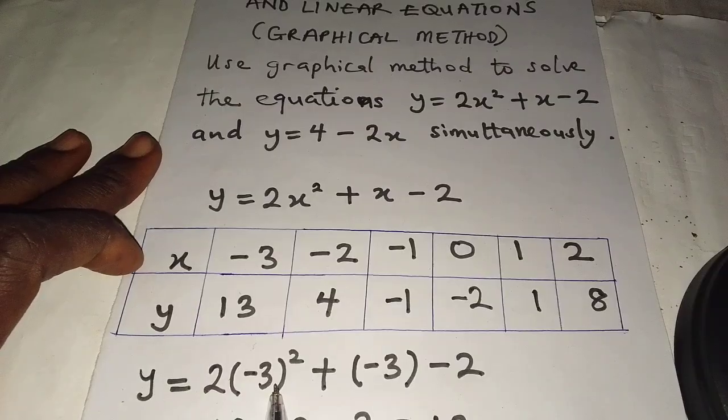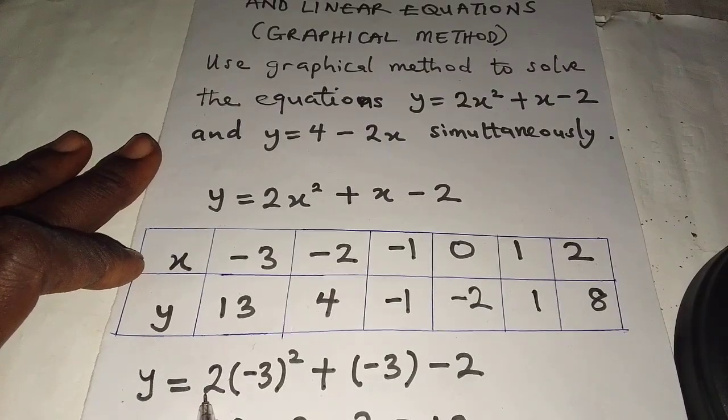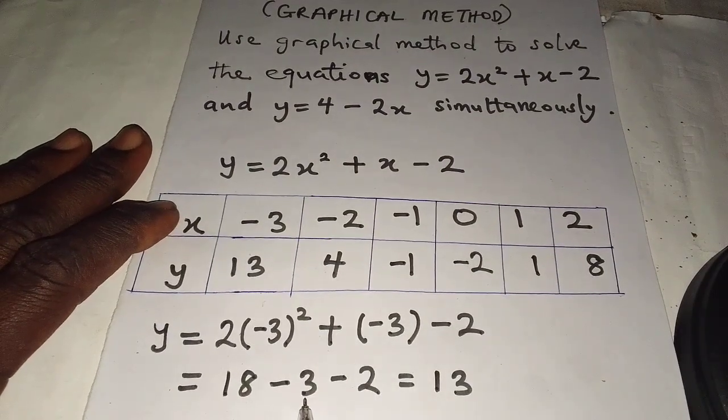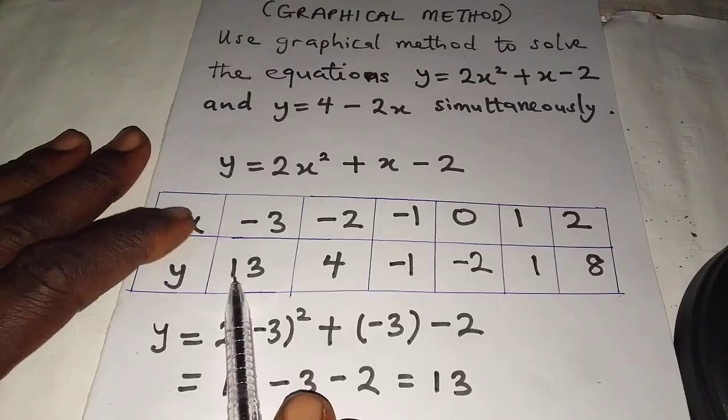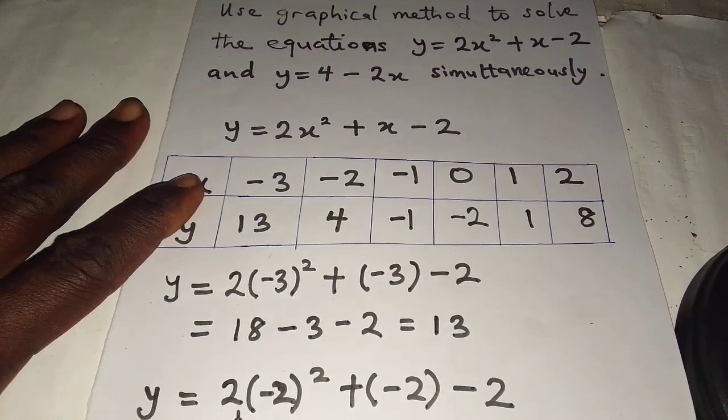Minus 3 squared is 9, since minus 3 times minus 3 gives 9. 9 times 2 is 18. Then plus times minus gives minus 3, then minus 2. 18 minus 3 is 15, and 15 minus 2 is 13. So write 13.